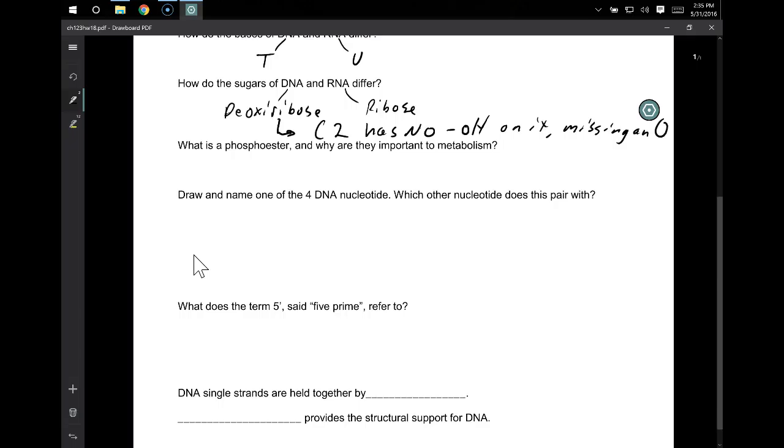What's phosphoester? What else do we need with that? There's a phosphate.